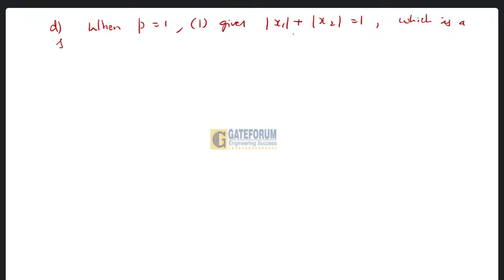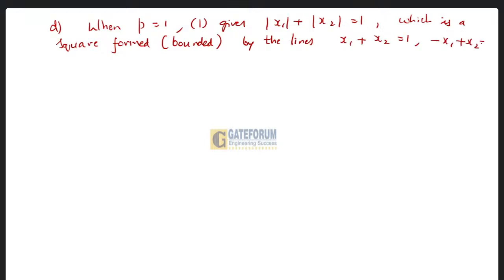Calculus part: a square is formed that is bounded by the lines. First, both are positive. Let us take x1 plus x2 is equal to 1. Next, first one is negative, second one is positive, so minus x1 plus x2 is equal to 1.